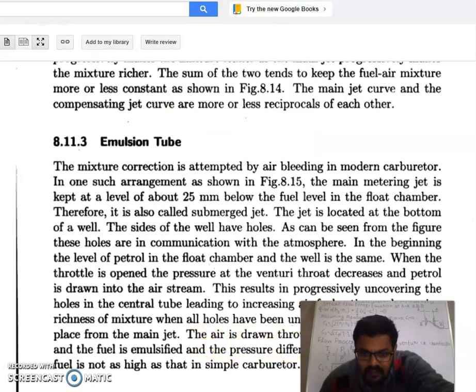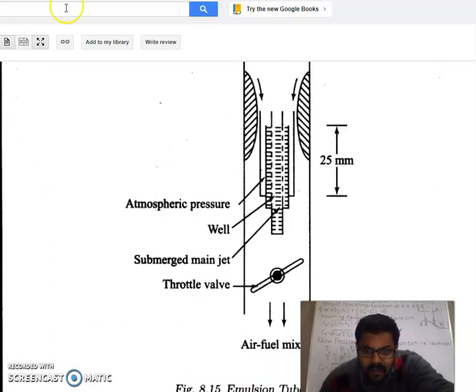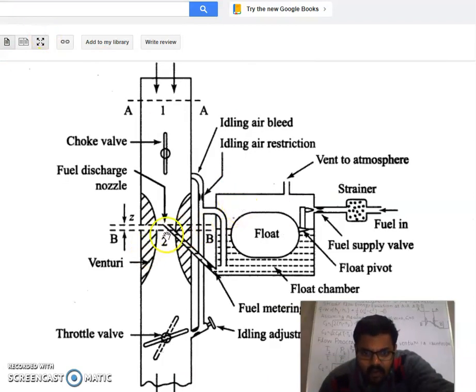The air is drawn through these holes in the well, and the fuel is emulsified. Now you have more emulsion of fuel and air, and the pressure differential across the column of fuel is not as high as that in a simple carburetor. Now what will happen? As we know, the amount of fuel going into the air stream depends on the pressure here in the float chamber and the pressure at this point.